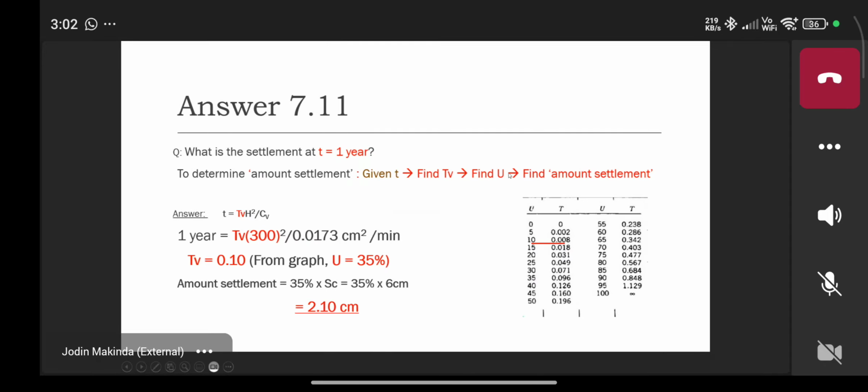If we know U, you can multiply to get amount of settlement. Therefore, in this case, 1 year, we know time factor 0.10. From the time 1 year, we know the time factor 0.10.